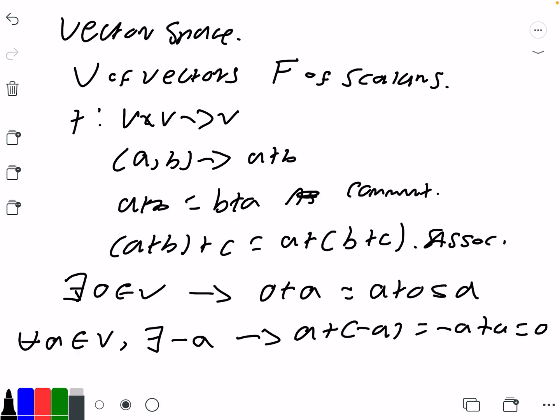All right, and we also have the second operation, which is going to be called scalar multiplication. So you can think of scalars as just like regular numbers. They're distinct from the vectors.